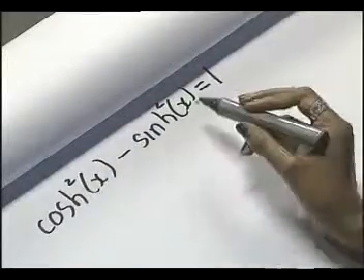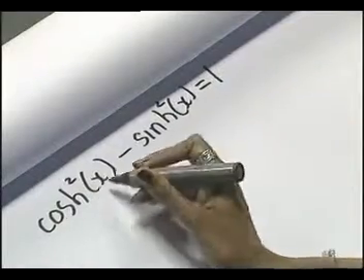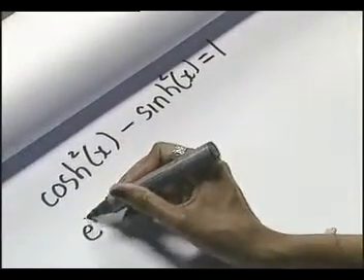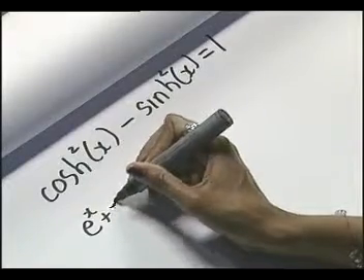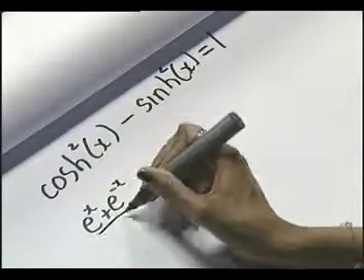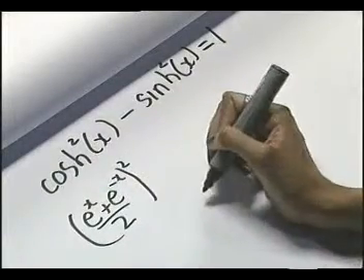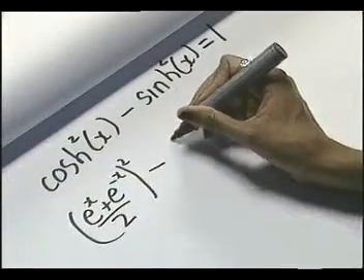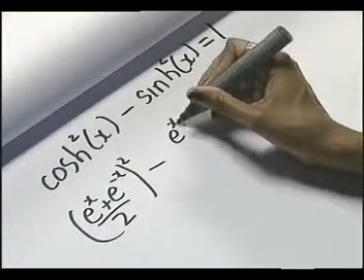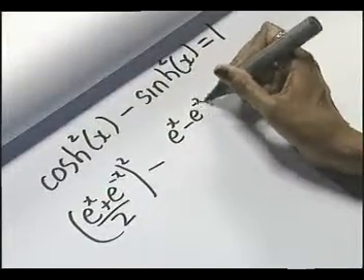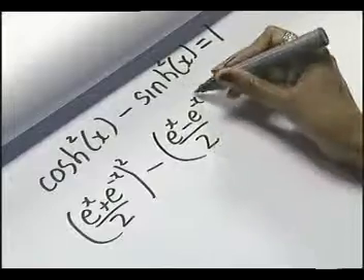Now, to prove this, we'll substitute in the exponential definitions for cosh and sinh. So we have that cosh x was e to the x plus e to the minus x over 2. And we want that all squared. And we take away sinh x squared, which was e to the x minus e to the minus x over 2, all squared.